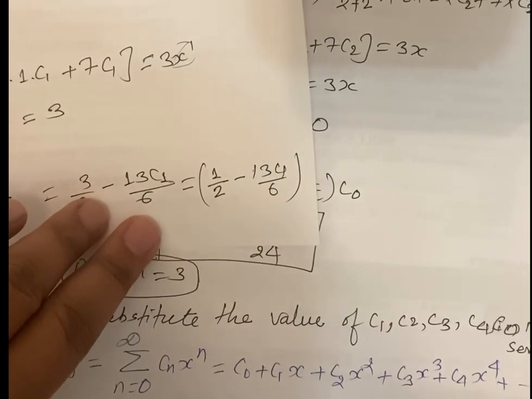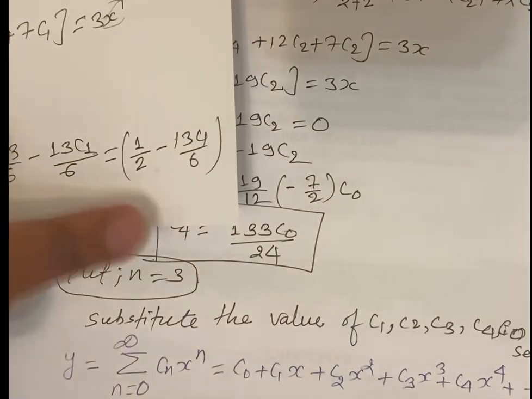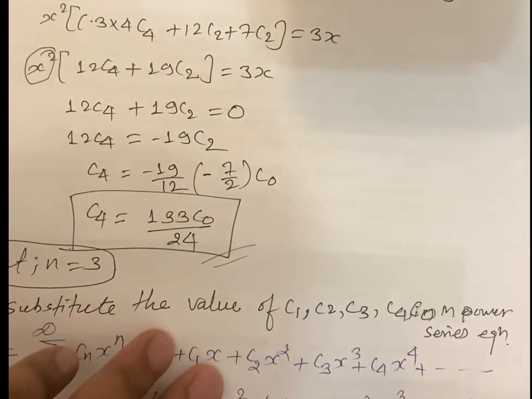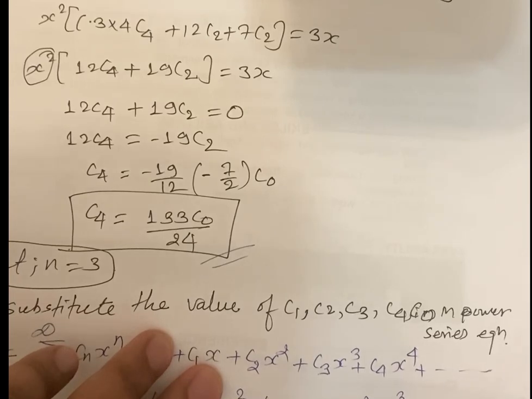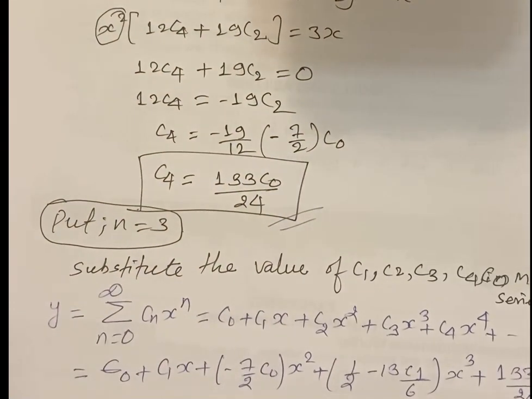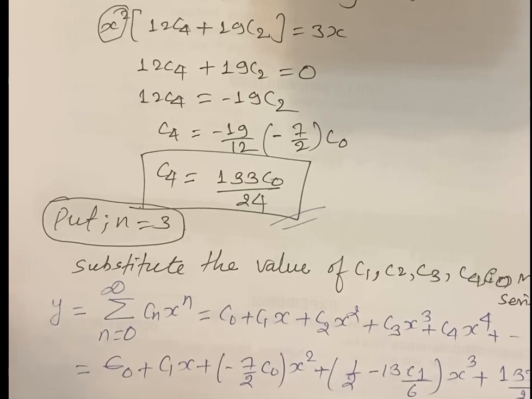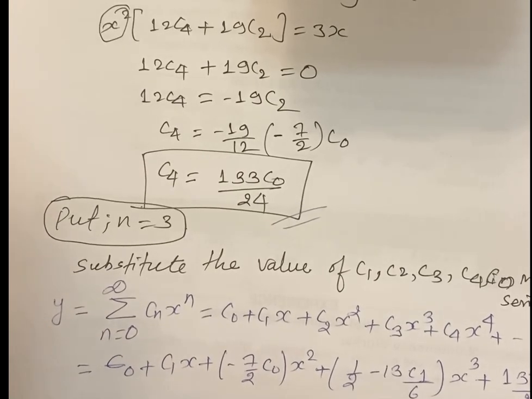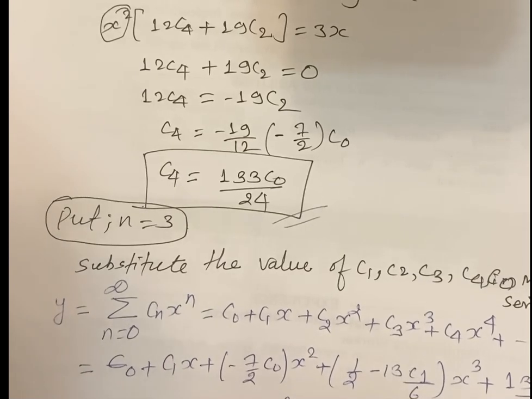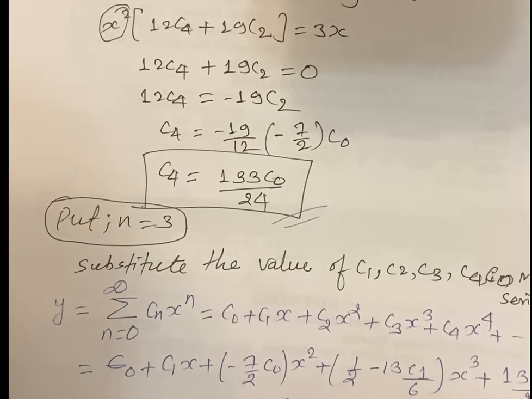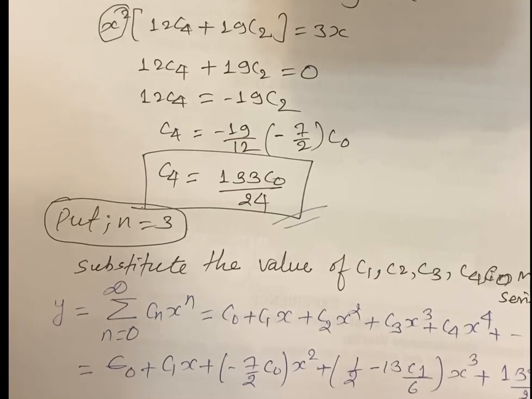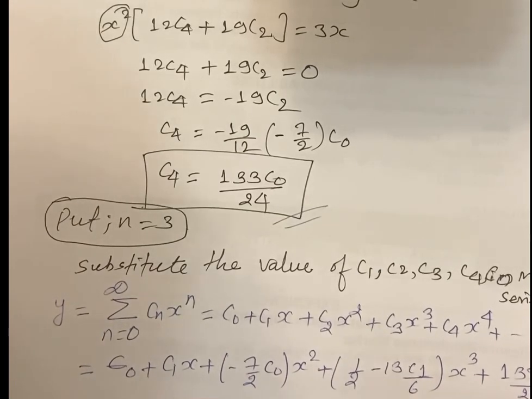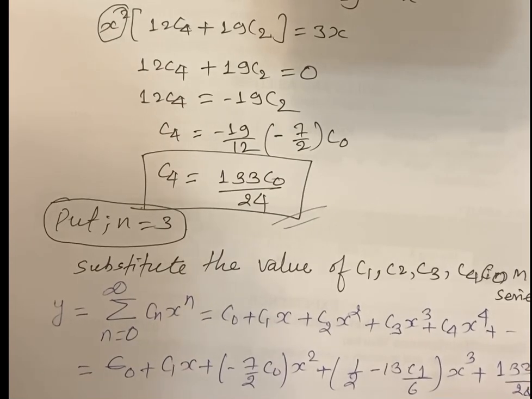This one is x cube plus, how much we found c4? c4 is 133 c0 by 24 into x power 4. So let's rearrange all these terms with respect to c0 and c1. c0 plus c1 x minus 7 by 2 c0 x square plus 1 by 2 x cube minus 13 by 6 c1 plus 133 c0 by 24. This one is x4.